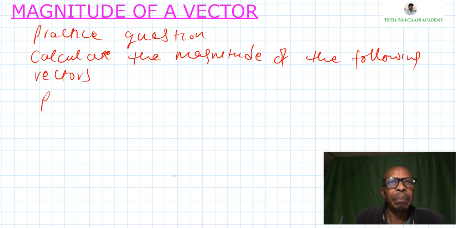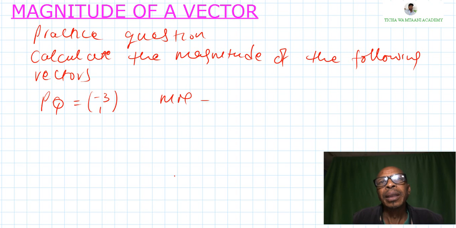PQ is equal to (-3, 1), and MN is equal to (8, 15).